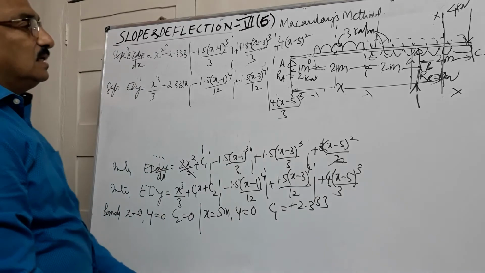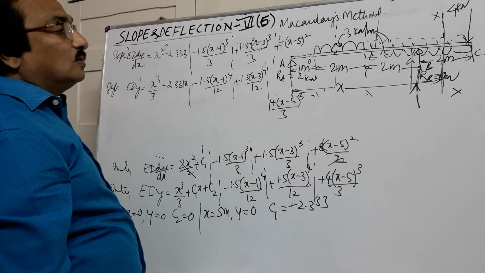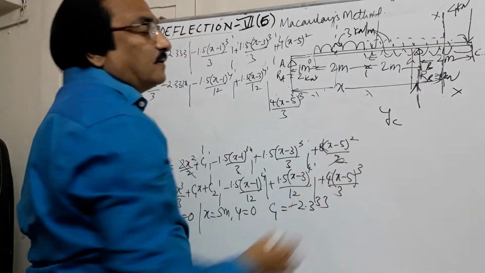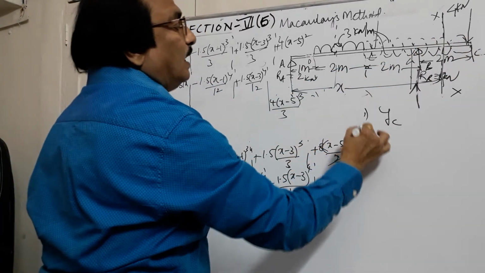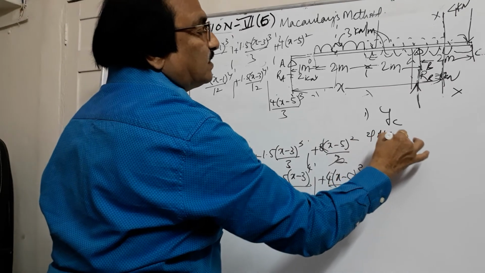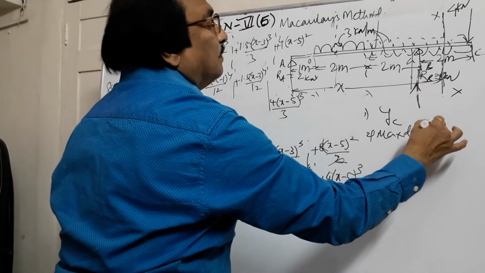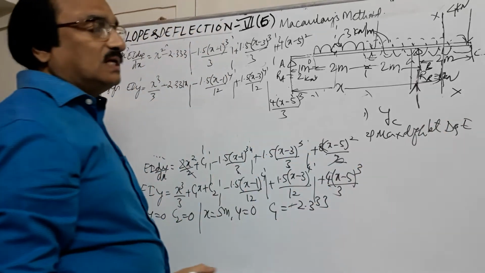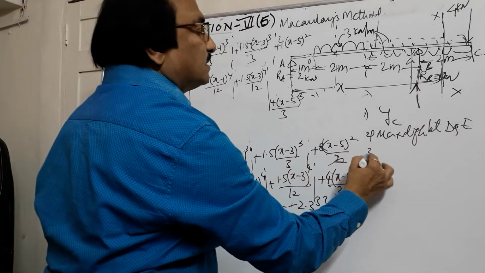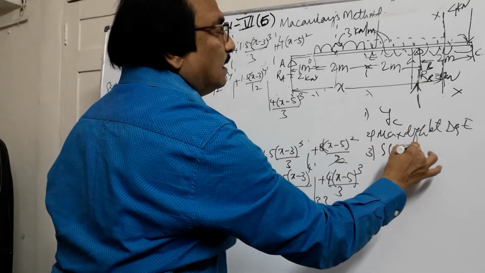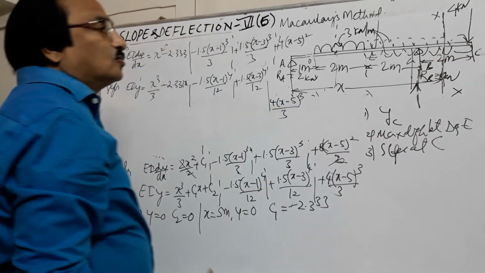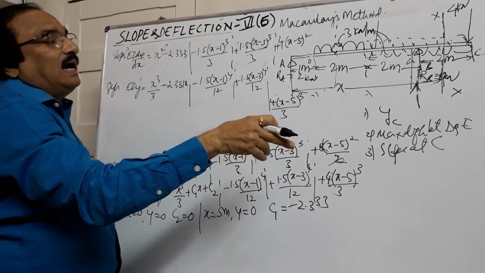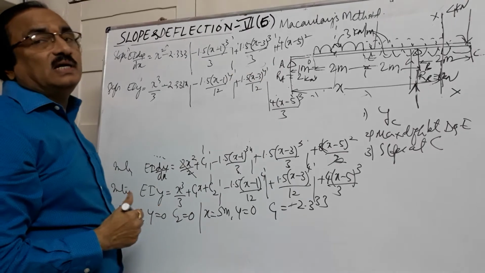Now these are the things that you are given here. The things you are required to find out in this are, one, the deflection at the free end C; second, the maximum deflection between D and E; and third, the slope at C, the free end.